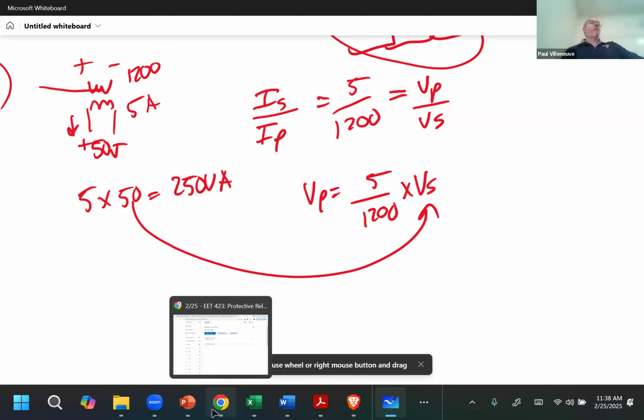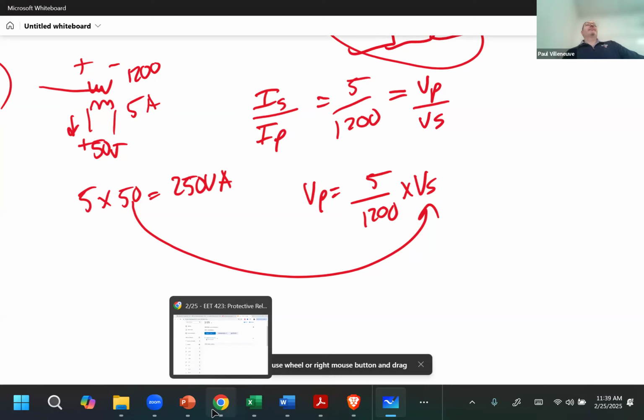No. Because I'm getting 5 amps through it, right? It's delivering rated current. And it's doing a 50 volt drop. Oh, so the power draw from the load and then the power draw from the transformer is different? Yeah. Gotcha. Okay, that makes sense.